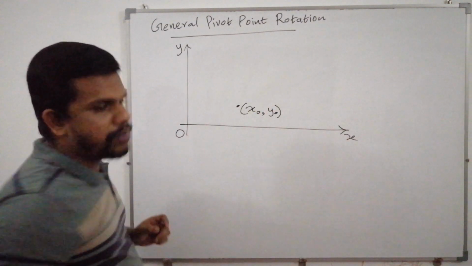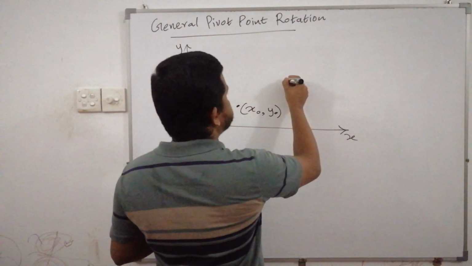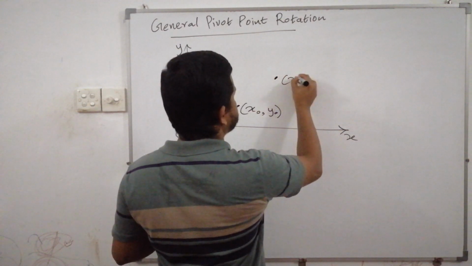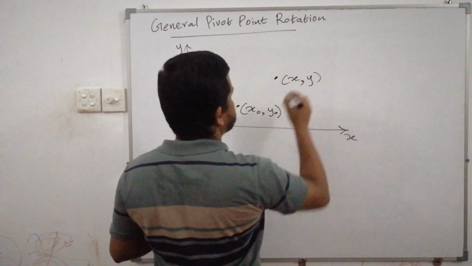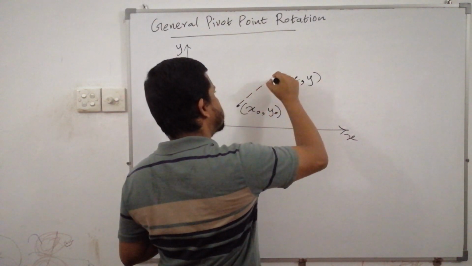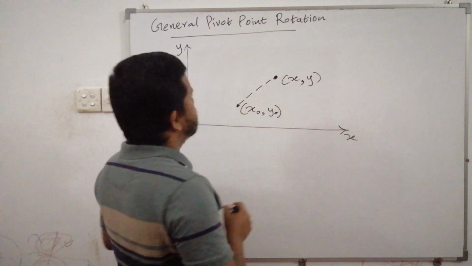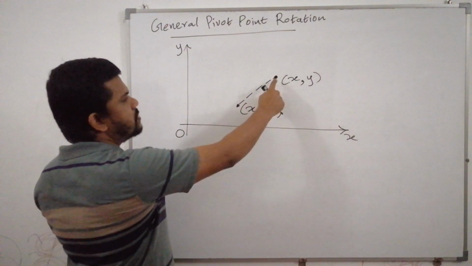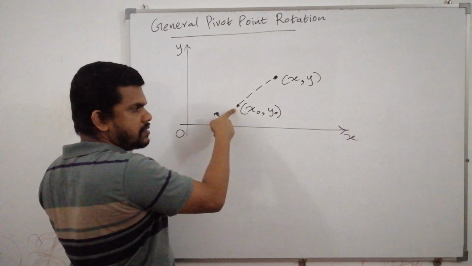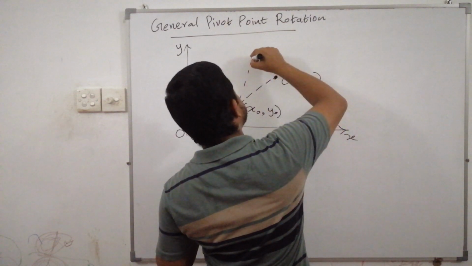This is our pivot point. So if we have a point like this, we rotate this point around this point by an angle of theta.